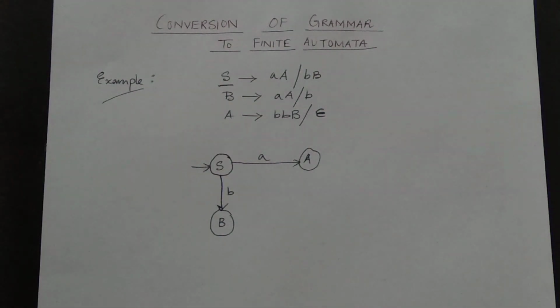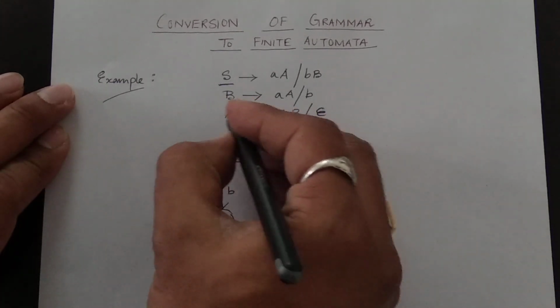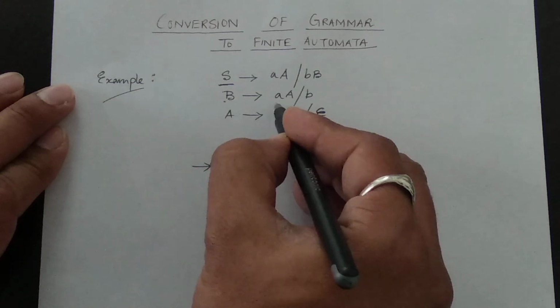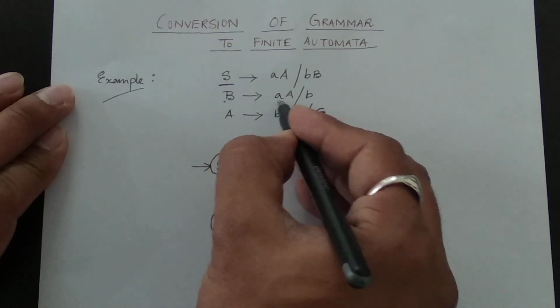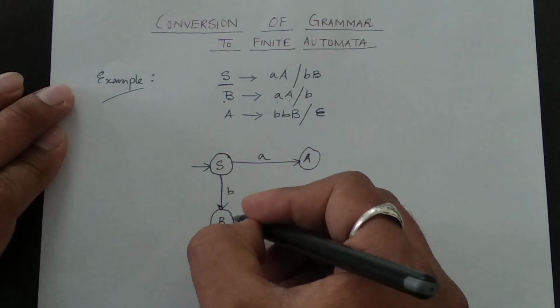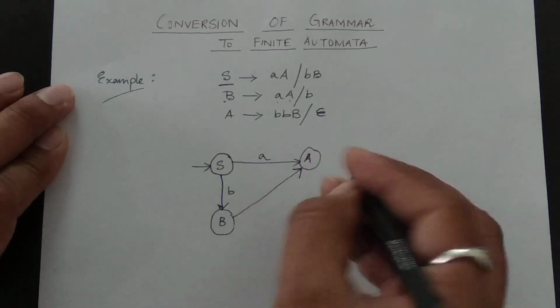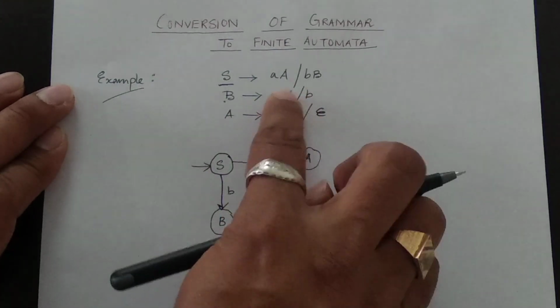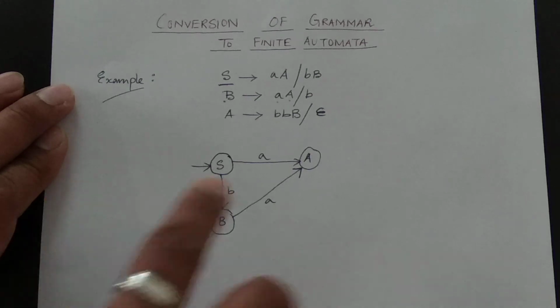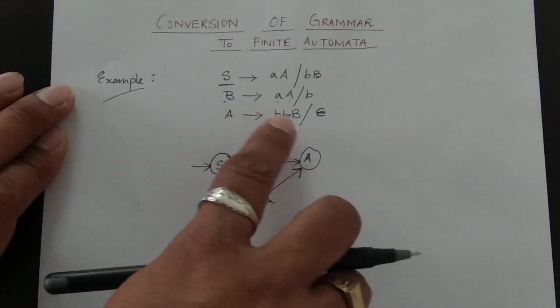Now what we have to do is check the leftover productions. From capital letter B, small a is being transferred to capital letter A, so I will draw it like this. And from B, b is being transferred.